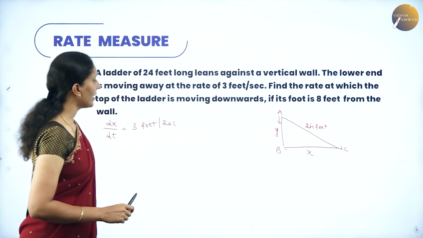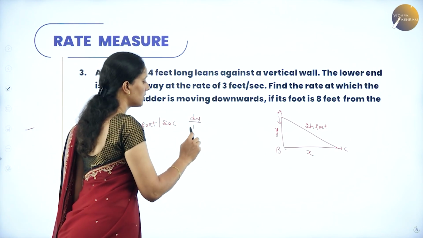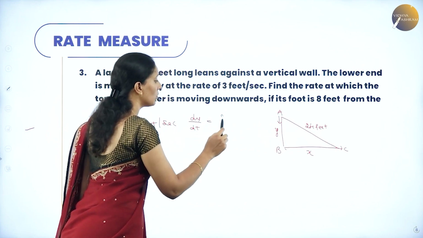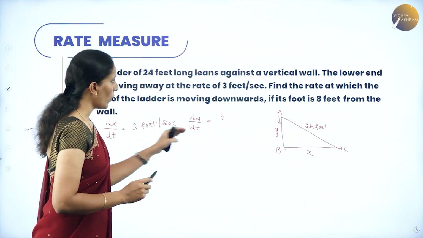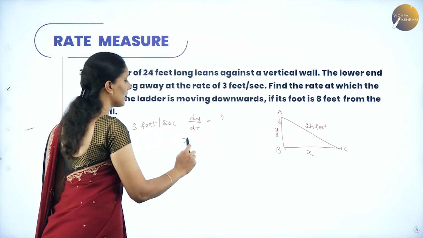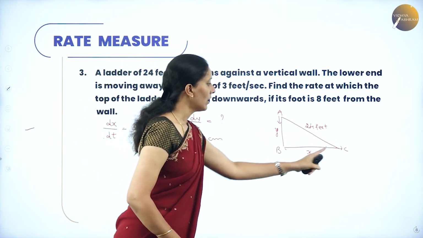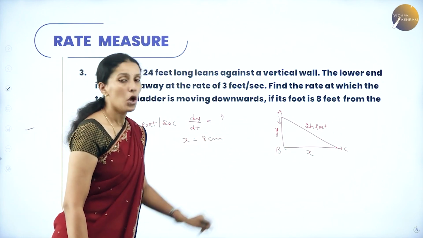And we have to find the rate of change of the top of the ladder. So this top of the ladder is moving downwards, so we have to find at what rate it is moving downwards whenever x is equal to 8 feet, whenever the foot of the ladder is exactly 8 feet away from the wall here.